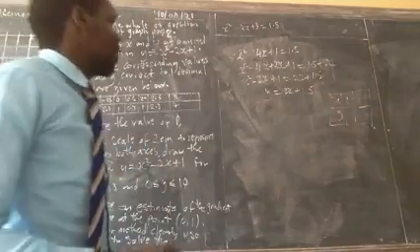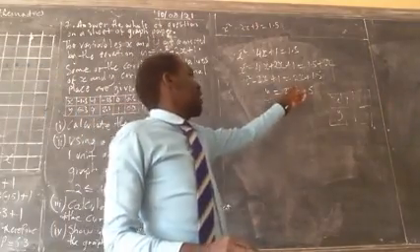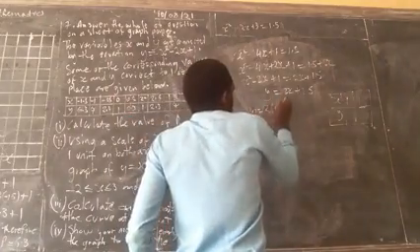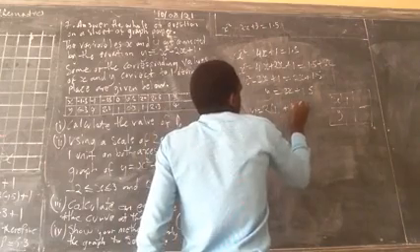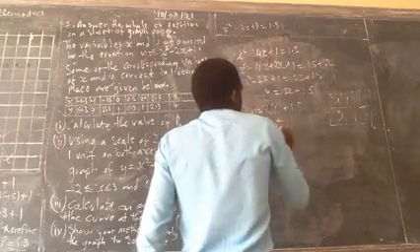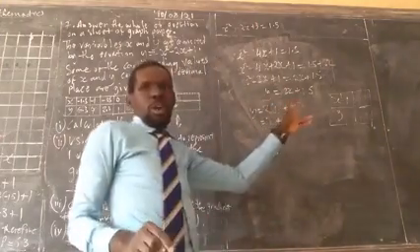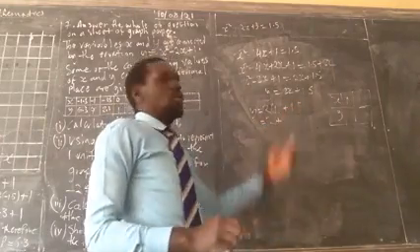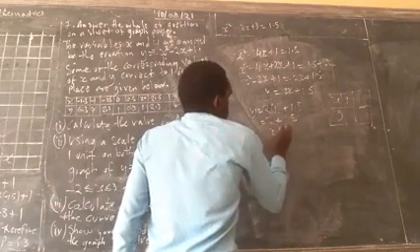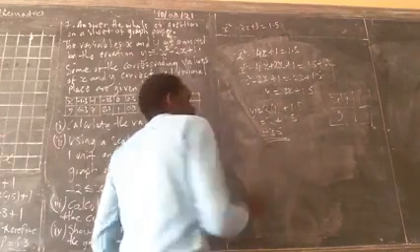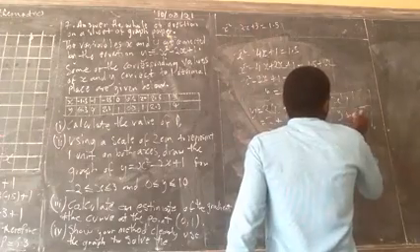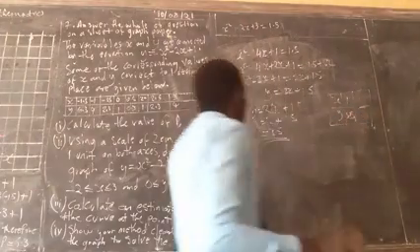The equation will be y equals, where there is x, I put 1: 2 times 1 is 2, plus 1.5, which is 3.5. So the value of y here will be 3.5.